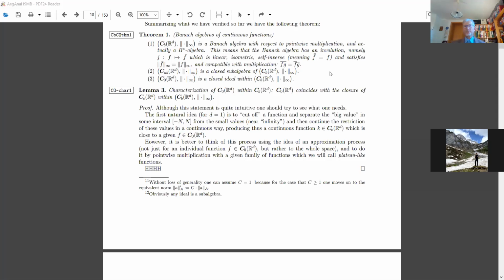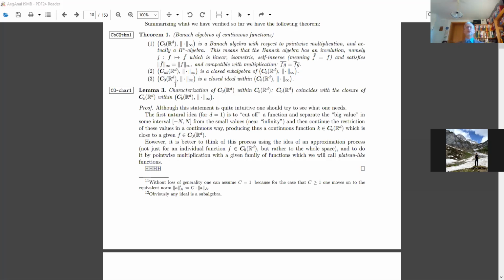That means, with respect to the ordinary multiplication, the product of two uniformly continuous bounded functions is again uniformly continuous. And if I say it's a closed subalgebra, it means if you give me a limit of uniformly continuous bounded functions within the bounded continuous functions, then you will get again a uniformly continuous function. So you cannot get bad properties by something which can be approximated by those good guys.